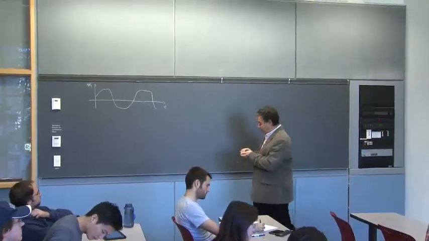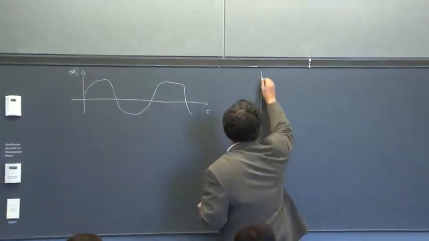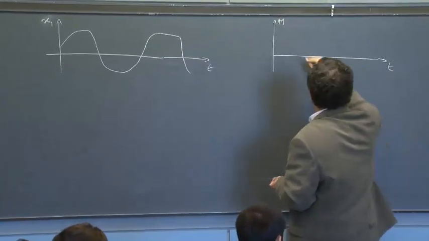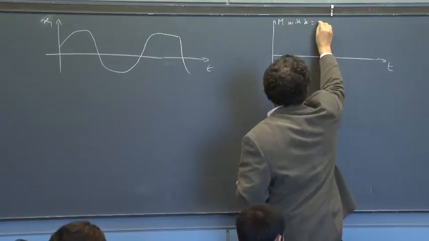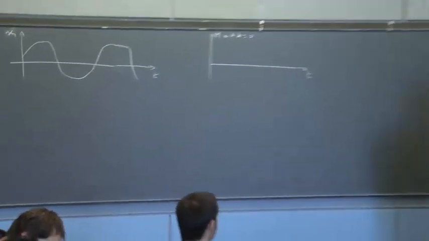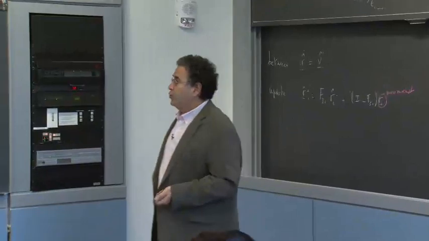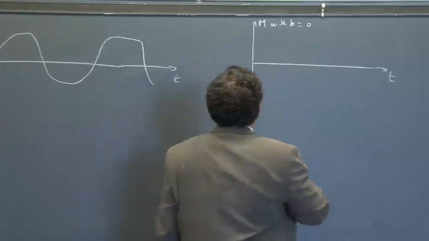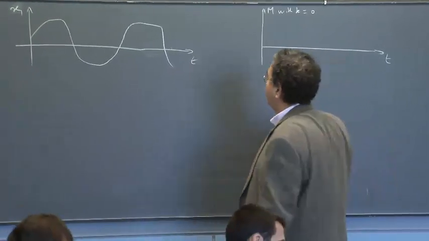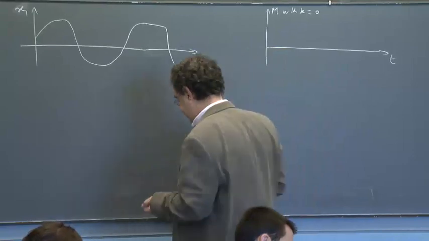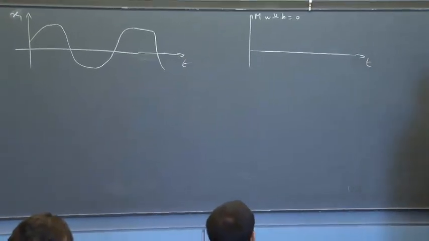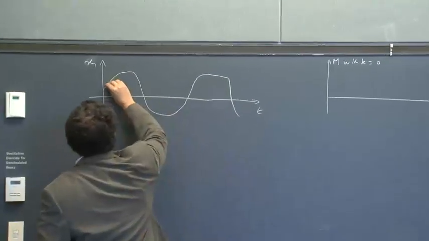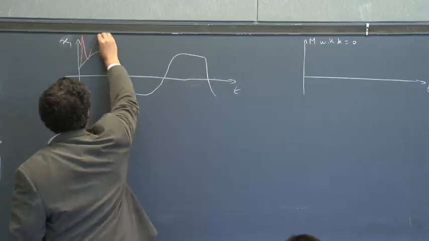So two things are going to happen. If you plot the mean of these systems with k equals 0, so without synchronization, and suppose you add a lot of noise to these systems, each of them is going to be all over the place.